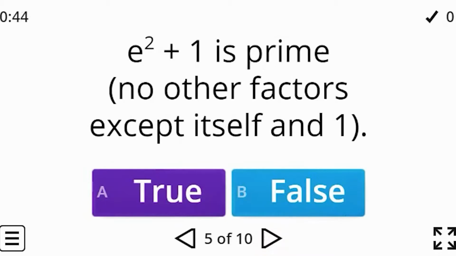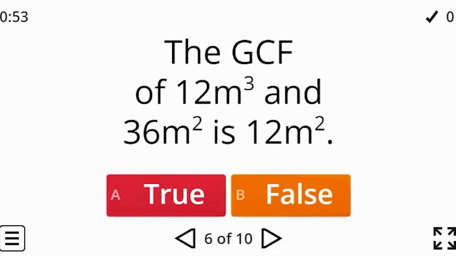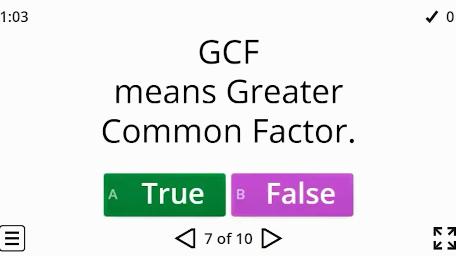Number 5: e squared plus 1 is prime. No other factors except itself and 1. Number 6: The GCF of 12m cubed and 36m squared is 12m squared. GCF means greatest common factor.